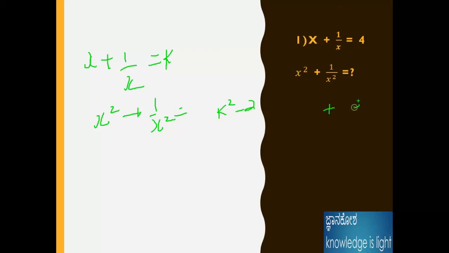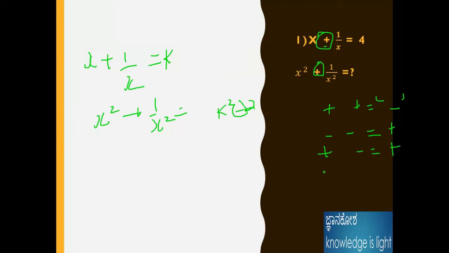If a plus sign is coming, this is the plus sign, we need to take it as minus for this one. And if a plus minus sign is coming, we need to take it as positive. This is the highlight point I need to tell. This is the first problem.